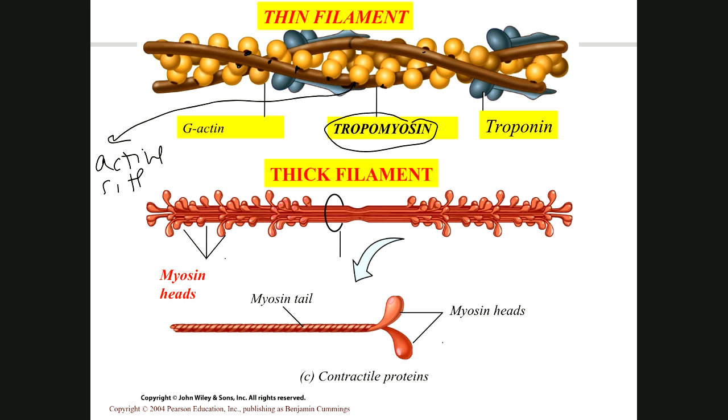And then we have this bluish protein here, which is called troponin. And troponin is probably one of the most important proteins in all of these that we're looking at. Because troponin is the regulatory protein. This is the one that does something. So this is what it's going to do.